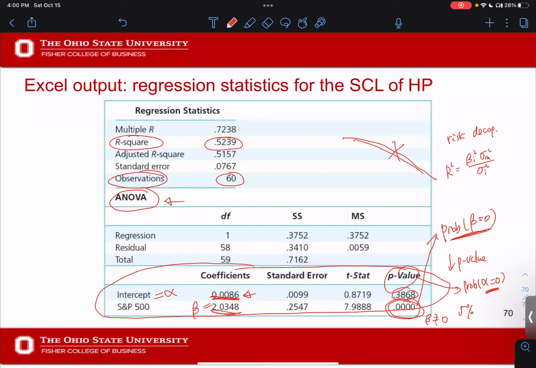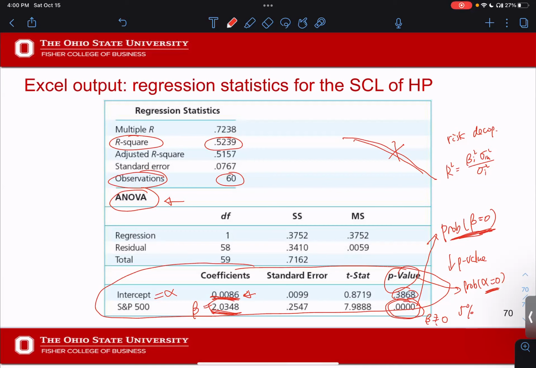And because the p-value is almost 0, it's telling you it's unlikely beta equals 0. Beta should be around 1 is the economic prediction from the model. But statistically, the regression output is only testing if beta is around 0, and the result is null, because you can see beta is 2, very far from 0.